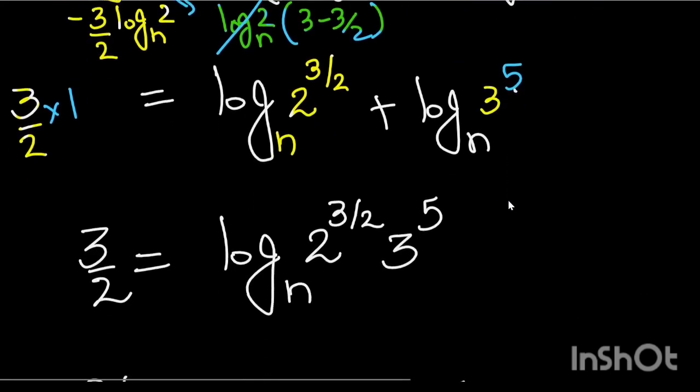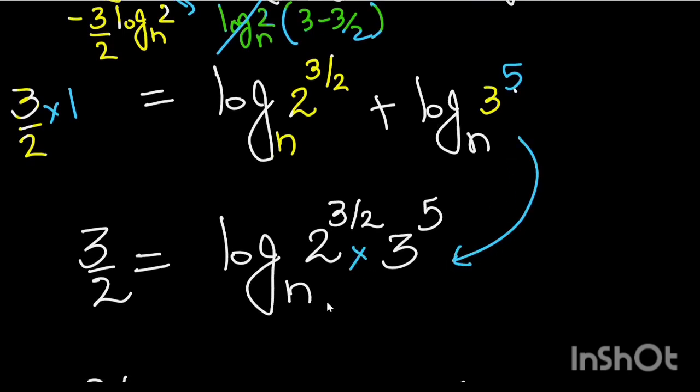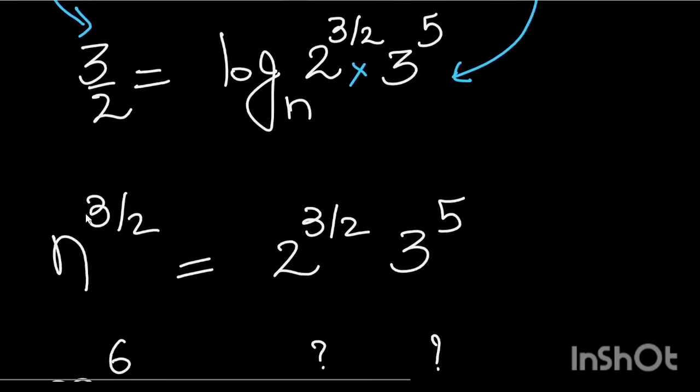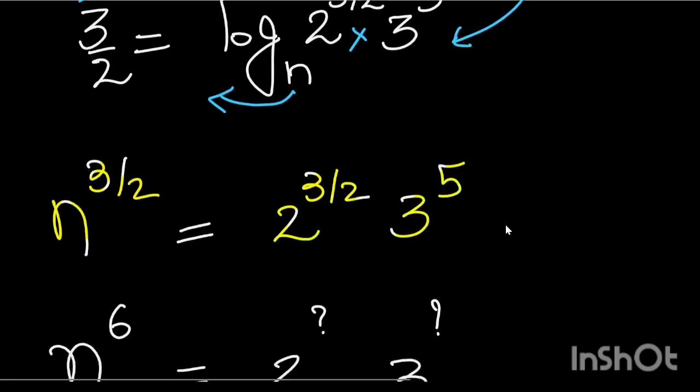Now again using log m plus log n is log mn, these two terms will come in multiplication. Here 3 by 2 is as it is. Now using the exponent form, this n will come and it will push 3 by 2 up, so it becomes n to the power 3 by 2. So on the right hand side you would be left with 2 to the power 3 by 2, 3 to the power 5.